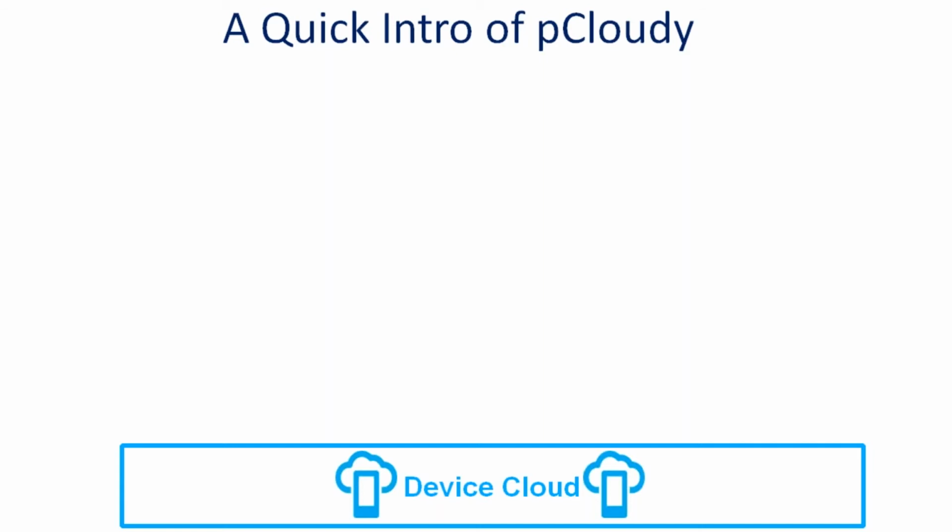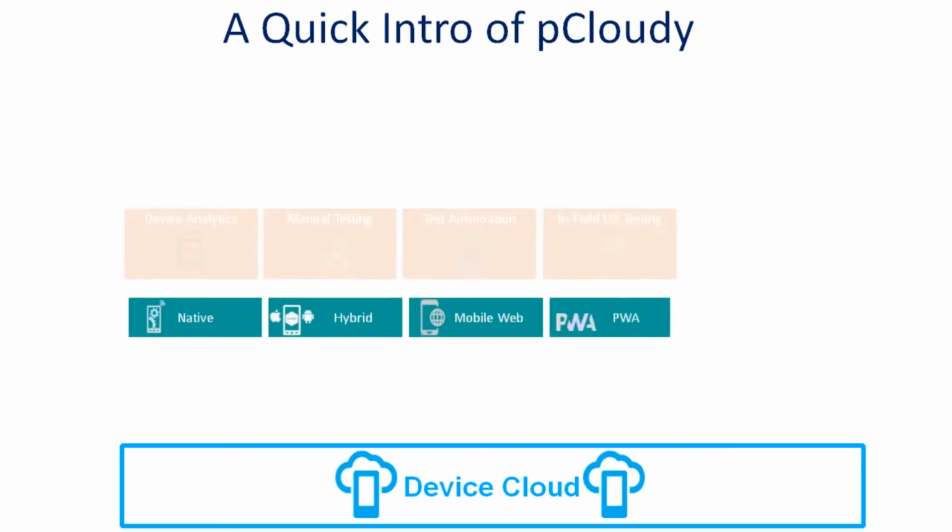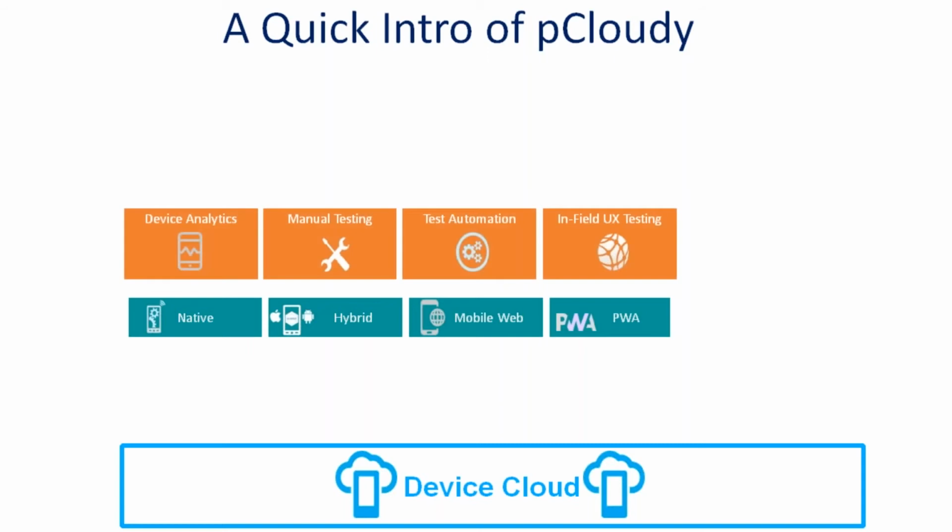We'll see what exactly we support on top of the plain mobile application cloud. You can test native applications, hybrid applications, mobile web applications, and PWA applications. So basically, you can test all kinds of applications on real devices at pCloudy.